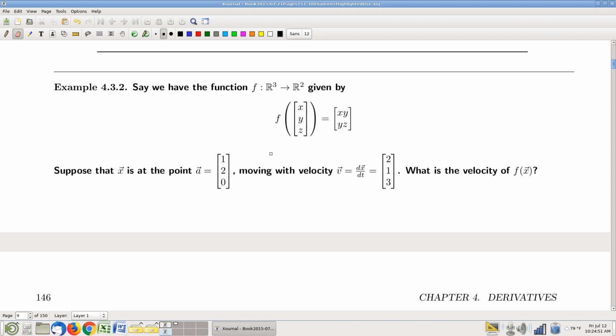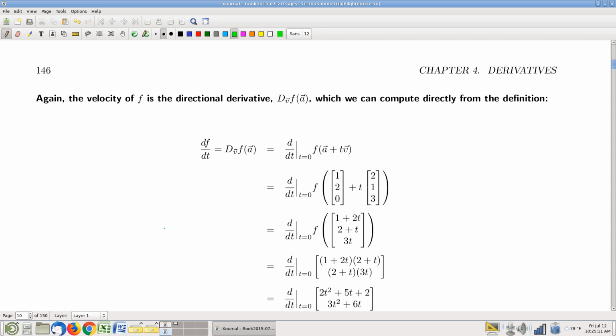Here we go. So now in this question, we want to compute a velocity. Velocities are directional derivatives. We're given that we're starting at the point A and moving with velocity v in the domain. Now, just for convenience, I've made it the same A and the same v. So here we go. The velocity is the directional derivative.